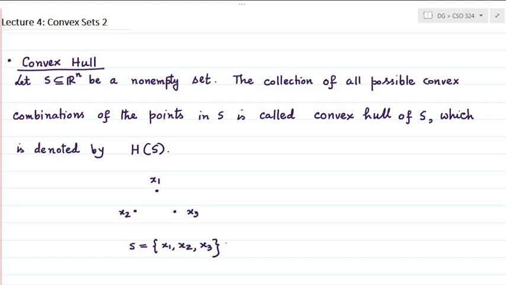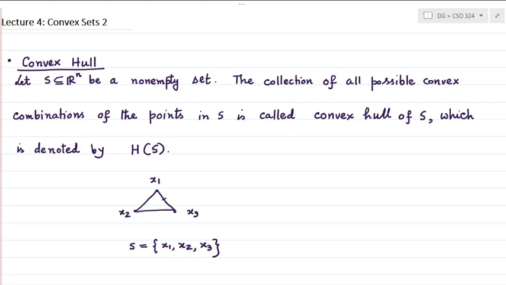We note that you can choose a pair of points out of these three and take their convex combination. Convex combination of 2 points is a line segment. Convex combination of x2 x3 is this line segment. Convex combination of x1 x3 is this line segment, right? And now you notice that a particular point here is a convex combination of the points x1 x3.